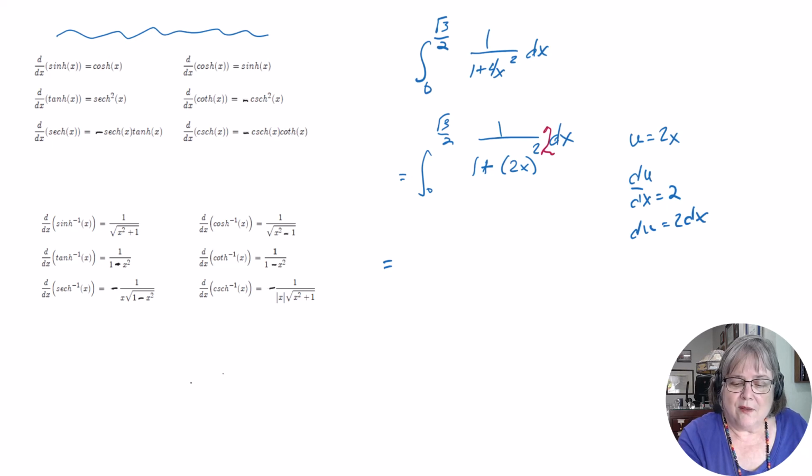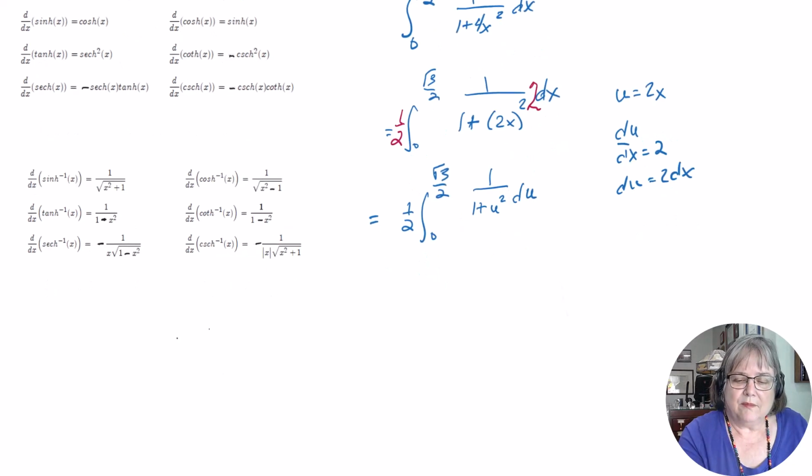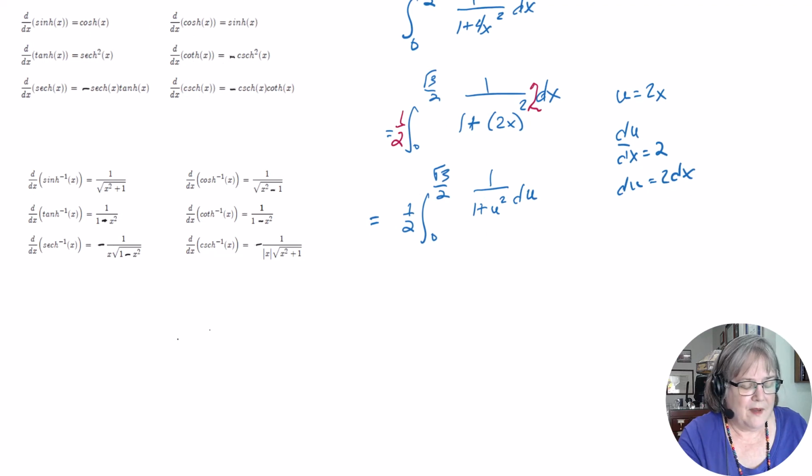And I can do that if I multiply by a 1/2 to undo it. Okay? So this is 1/2, integral from 0 to square root of 3 over 2, of 1 over 1 plus u squared du. Right? So this is 1/2.